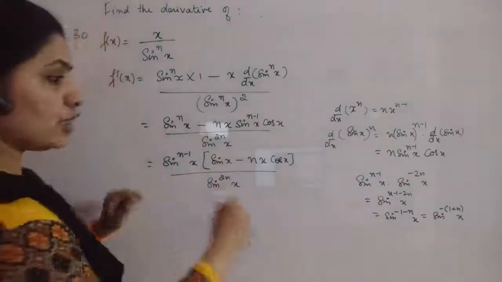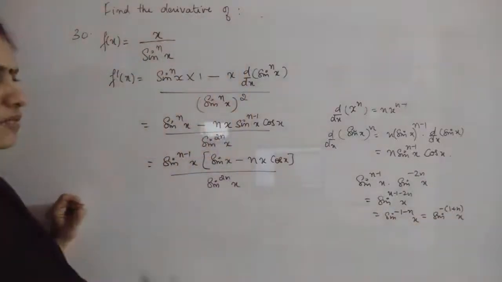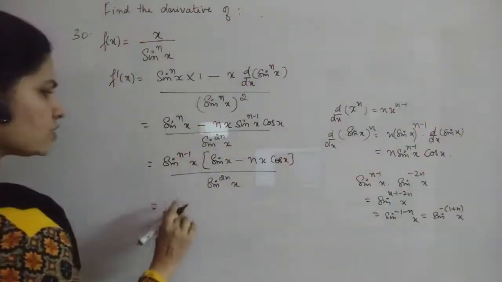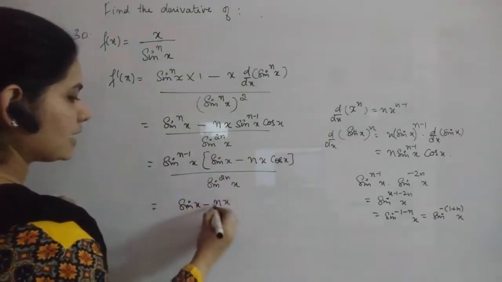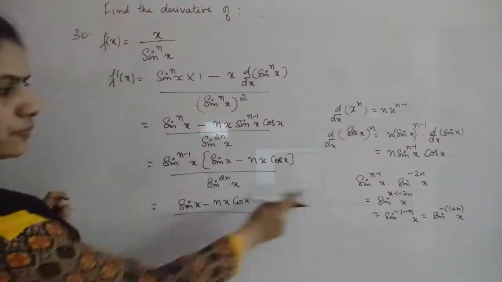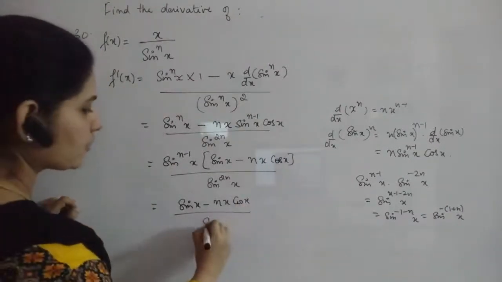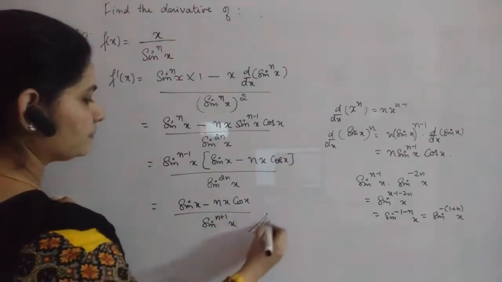That means in the denominator this negative will go and I will get the power of sine as n plus 1 or 1 plus n. Okay, so I am just writing that in the last part, which is sine x minus n x cos x, and simplifying these two like this, what you are getting the power of sine as is n plus 1 x.